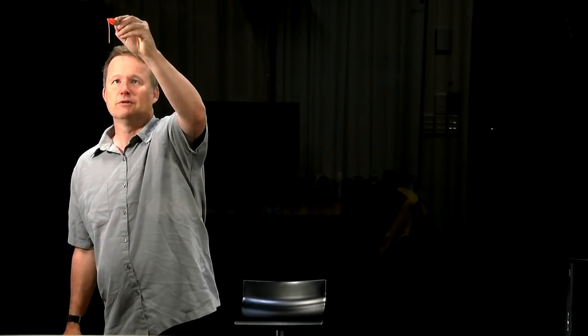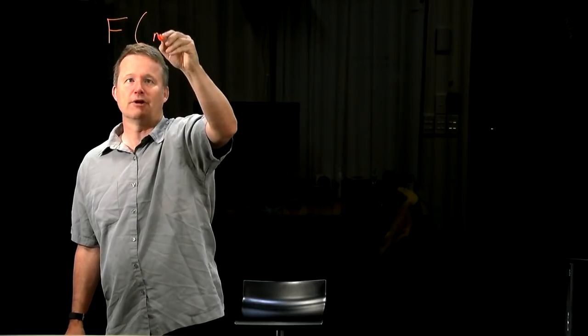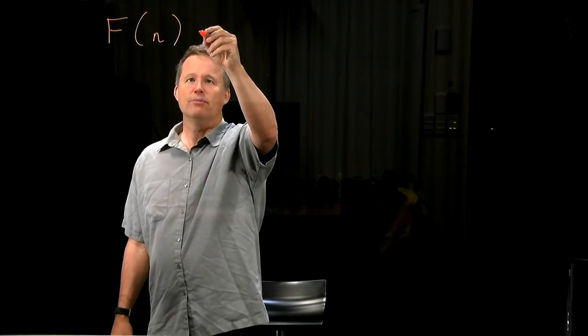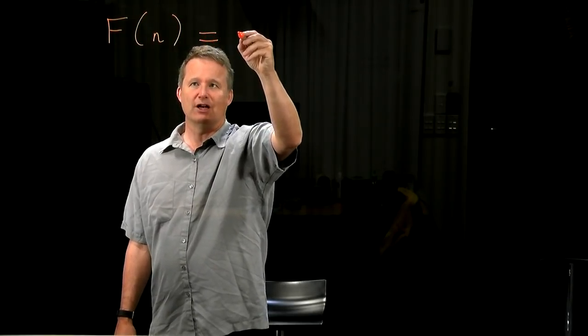So we've seen that with algorithms that are recursive, such as merge sort, we automatically get a recursive description of the running time. So more generally, we have a sequence of numbers, which may or may not be describing the running time of an algorithm, and the value at n is determined by the previous values.